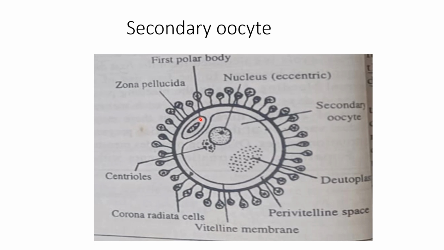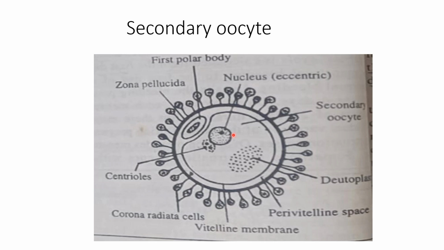Now, if fertilization occurs within 24 hours of ovulation, then the secondary oocyte, which was initially arrested in metaphase of second meiotic division, will complete its second meiotic division and give rise to two daughter cells.